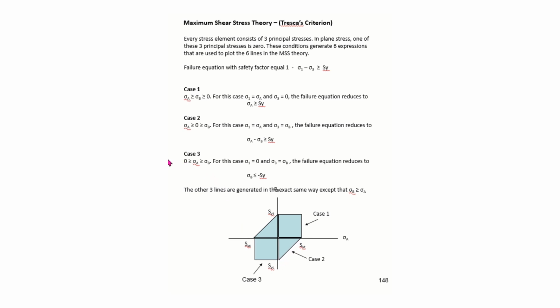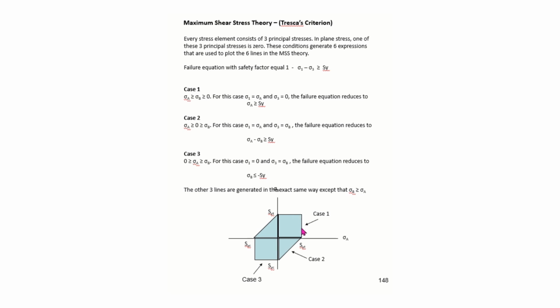And then case 3, where we have 0 is greater than sigma A, greater than sigma B. So both stresses are compressive stresses. For this case, sigma 1 equals 0 and sigma 3 equals sigma B. The failure equation reduces to this expression and gives us this straight line here. And the other three lines are generated in the exact same way, except that sigma B is greater than sigma A. And then we would generate these lines here.